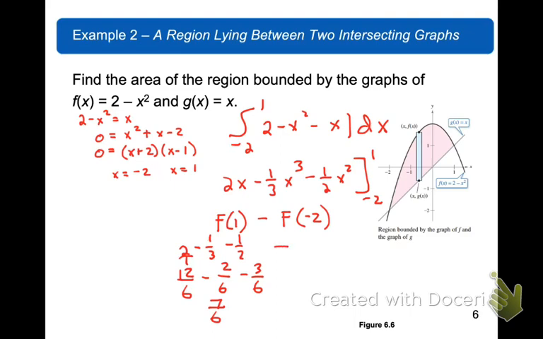Minus, and now I'm going to plug in -2, which will be a little more complex. 2 times -2 would be -4. Then -2 cubed would be -8, times -1/3 would be +8/3.